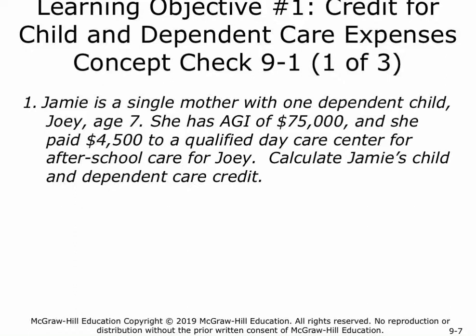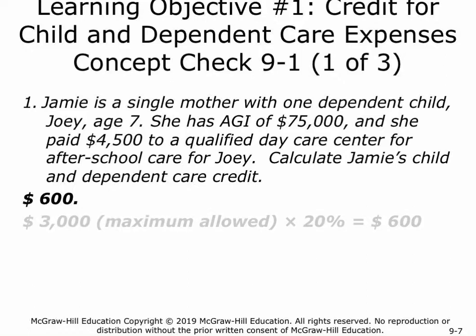So here, she's going to have paid $4,500 in expenses. She only has one dependent, so that's going to be capped at that $3,000 amount. And her AGI is going to be above that $43,000 threshold, so she's going to be at 20% for the calculation. So that will come to $600 for the amount of the credit, and that's calculated by the $3,000 maximum times the 20%.